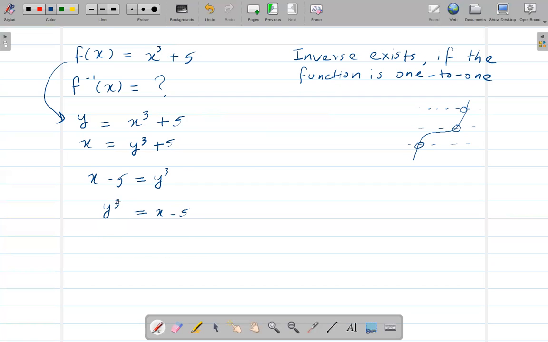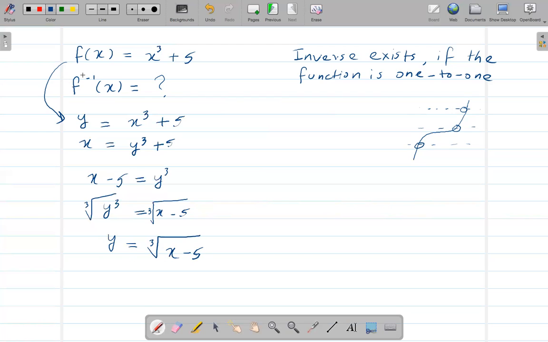So we still have this power 3 on the top, so let's just take the cube root on both sides. Then these two are gone, so we just have y on the left-hand side. So y is equal to the cube root of x minus 5. Okay, after this, this is the inverse.